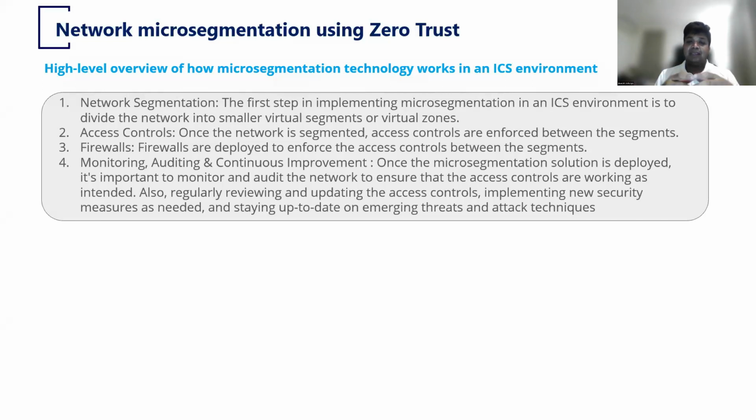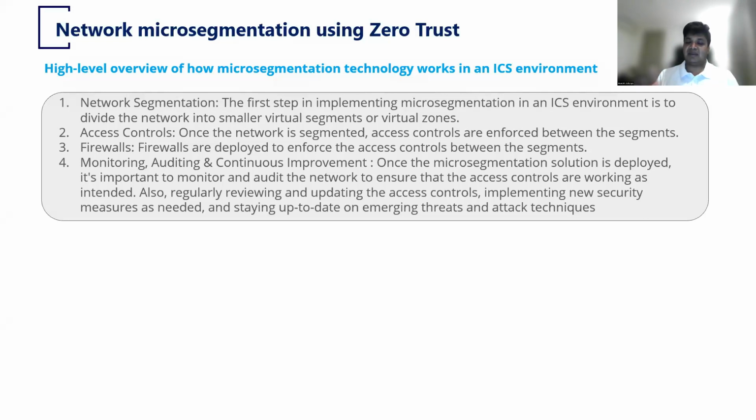It need not be user A or user B, but it can be a user with specific privileges, which can be built into a policy, and you define that access control to a specific segment.